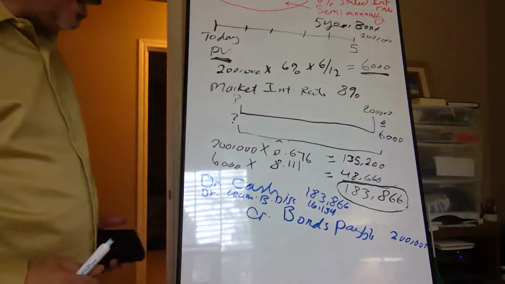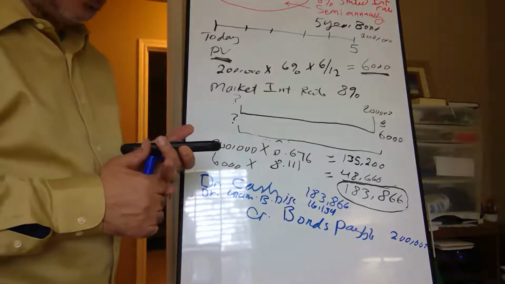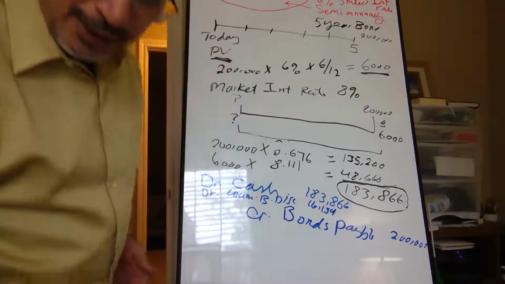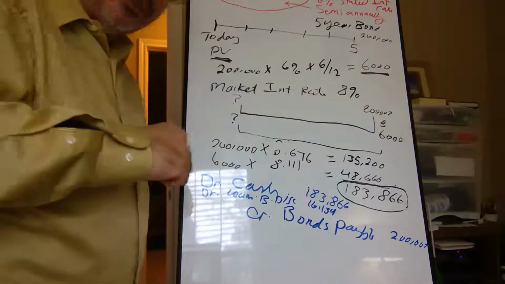Okay, that is, guys, when the bond is issued at a discount. Let me do a fast example when the bond is issued at a premium.